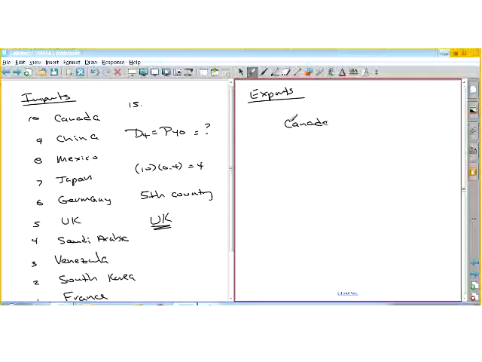So let's see. Canada is the biggest, then Mexico, then China. What's after China? China, then Japan, and Germany. It's very close, similar order for exports as imports. Germany, United Kingdom, then South Korea.